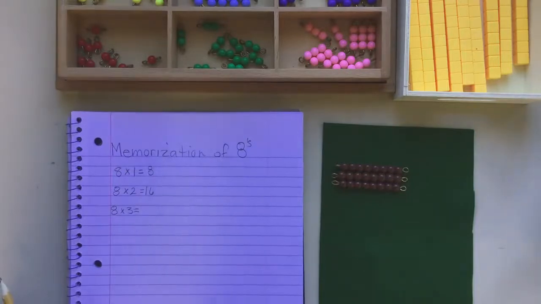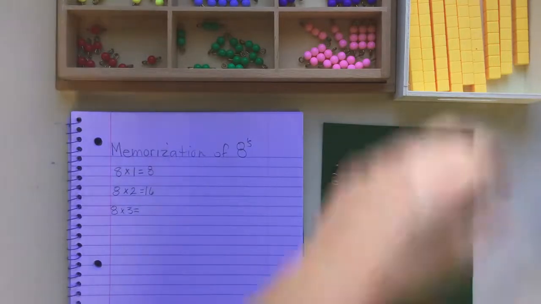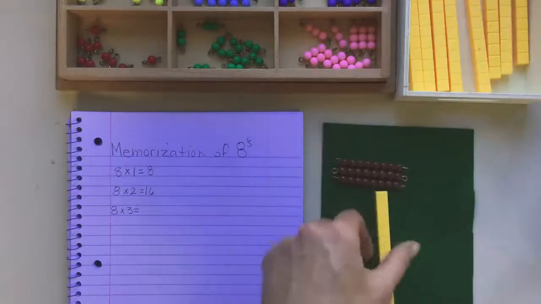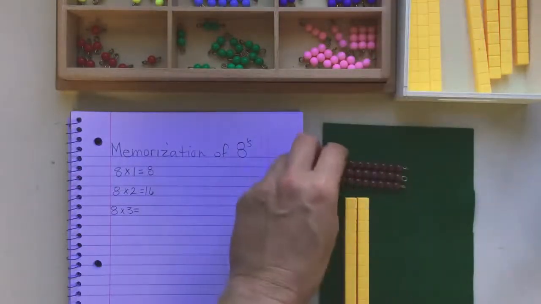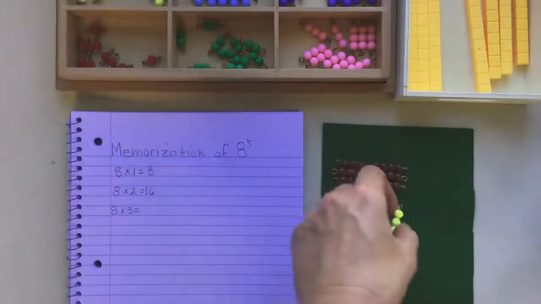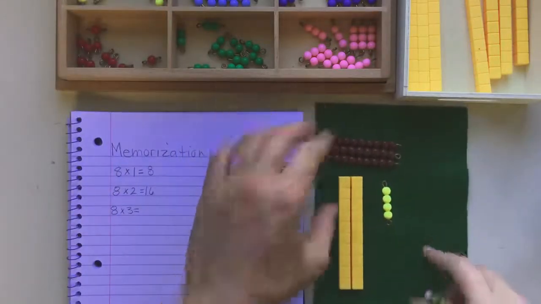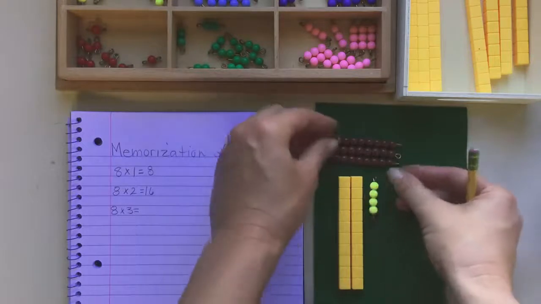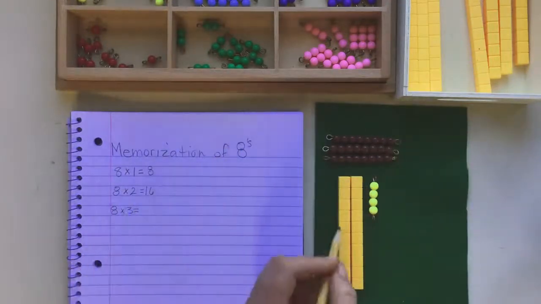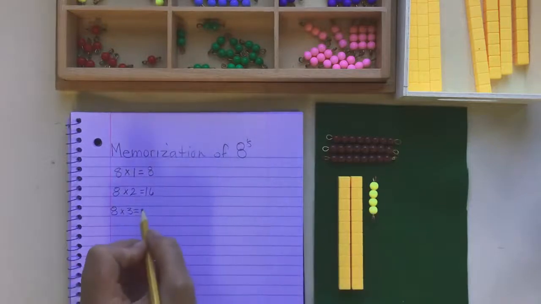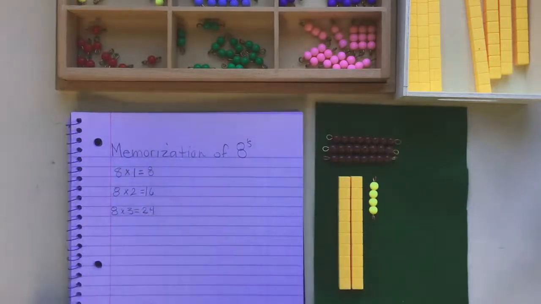Yeah, so how would we show that vertically? Yeah, we'd need 2 10s, right? For 20, there's 10, 20, and a 4. That 4's bead is really glowing, isn't it? Okay, so 8 times 3 equals 24.